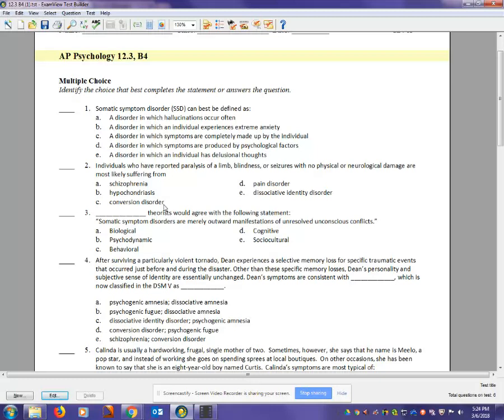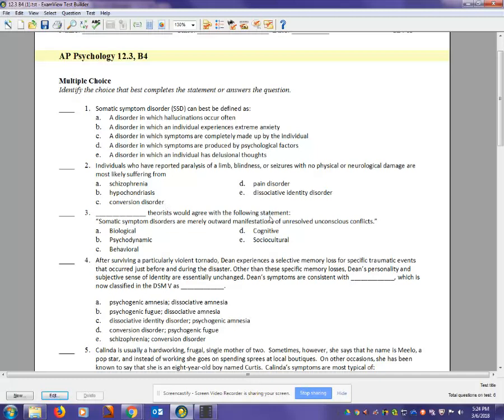A bunch of Cambodian refugees were able to escape the country. They got into Southern California, and more than 150 of them became functionally blind. Even though their eyes were intact, electrophysiological monitoring showed vision stimuli registered in their visual cortex, so functionally they could see. But the conversion disorder led to them not being able to use their eyes.